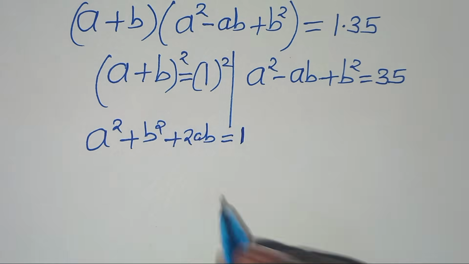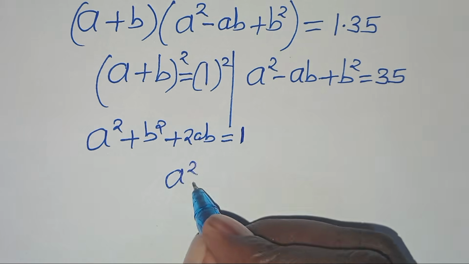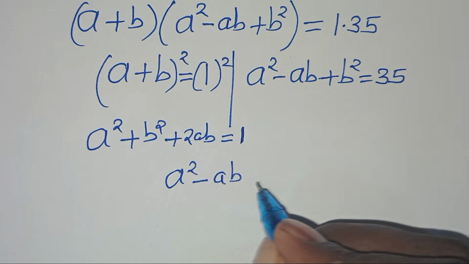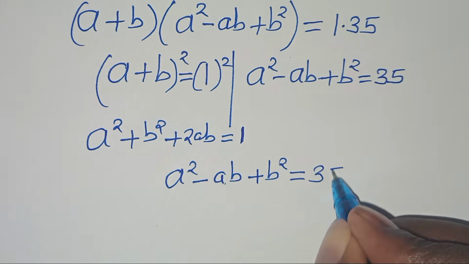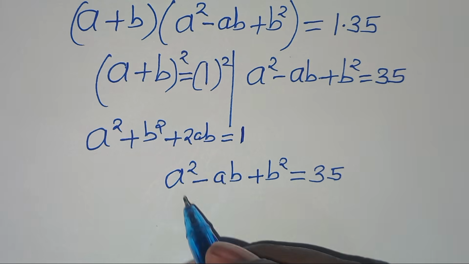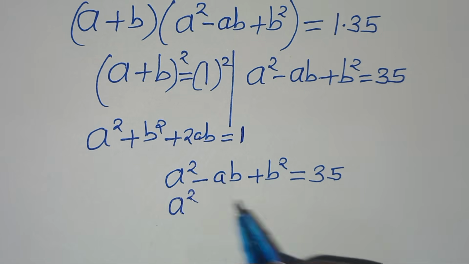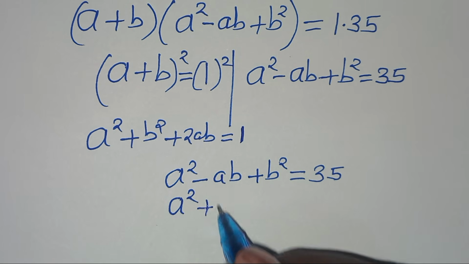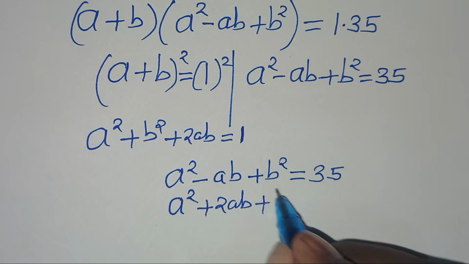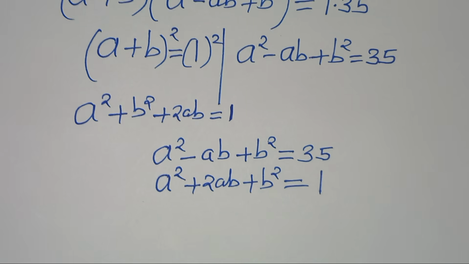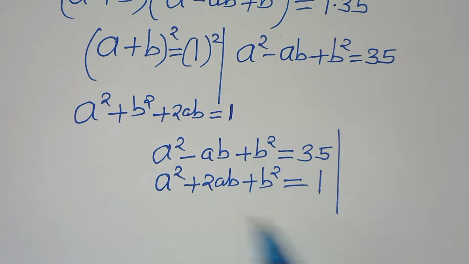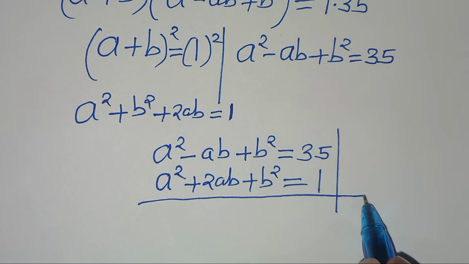So this means that we have a² − ab + b², this is equal to 35, and then here we have a² + 2ab + b², this is equal to 1. So we have a system of two linear equations here.